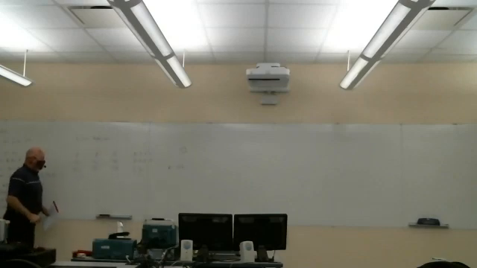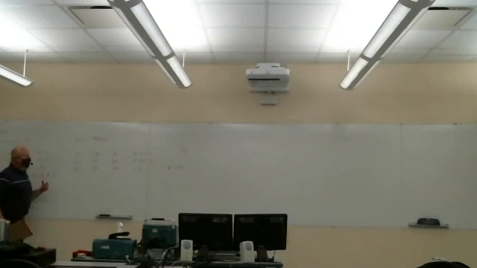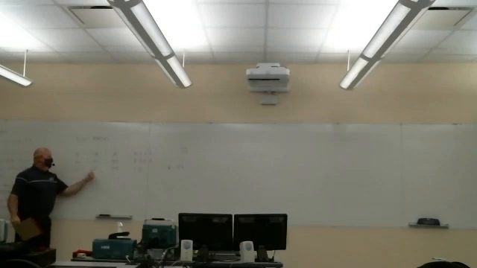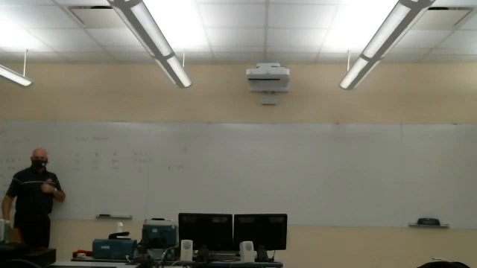Now, what are the conditions for overflow for signed? Well, 100 plus 50, that's greater than 127. That's an overflow, right? We can't represent the value positive 150 in an 8-bit number using a signed representation.